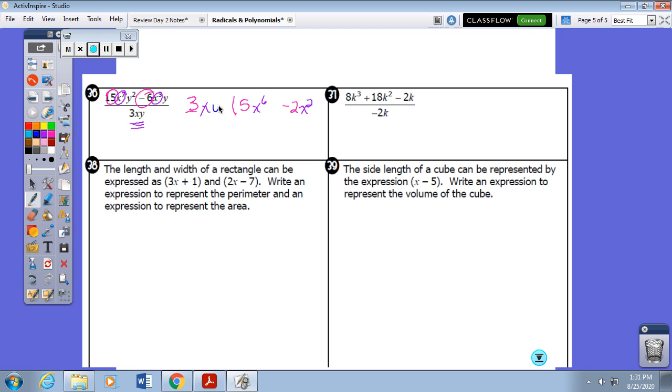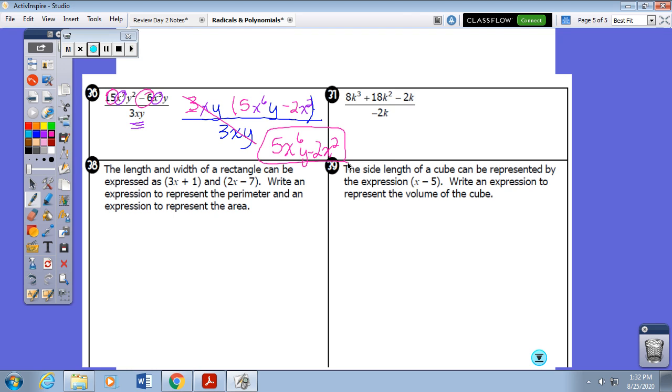Then I know I want to pull a y out because my goal with this 3xy here is to cancel them. So then I have a y left over, and I have nothing left over there. So that's it there because I pulled that one y out. Okay. Then I have this left in the bottom, so I can cancel those. So my final answer is going to be 5x to the 6th y minus 2x squared.